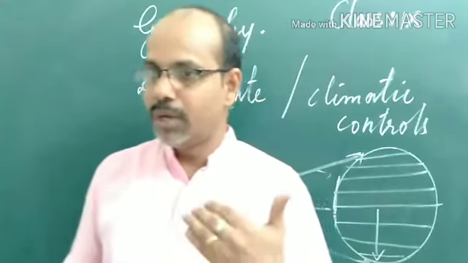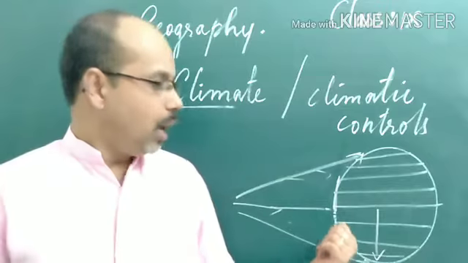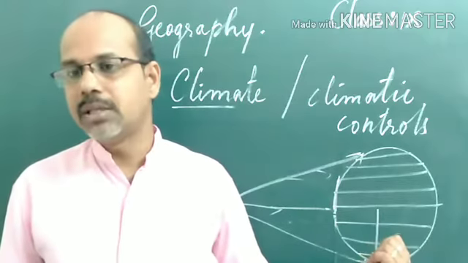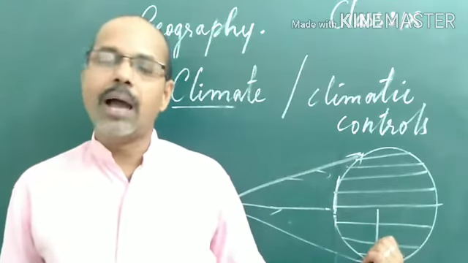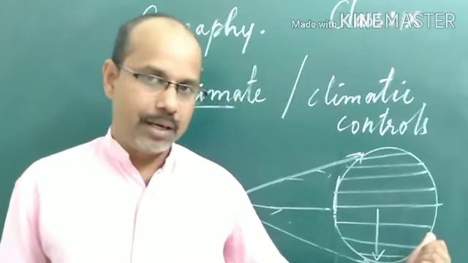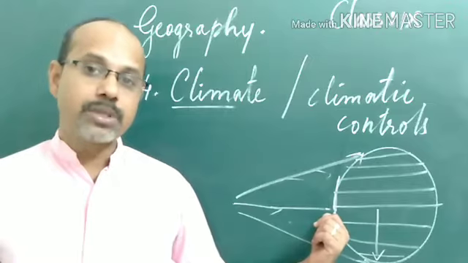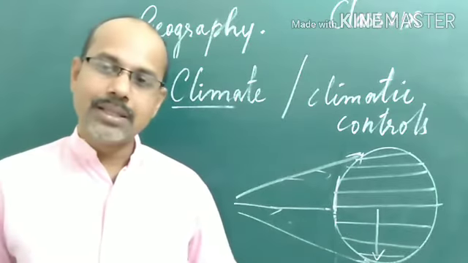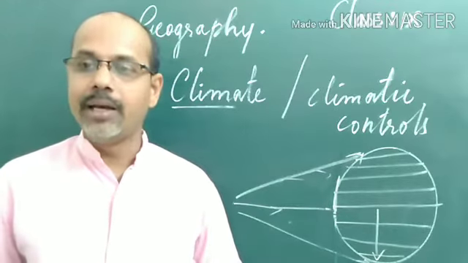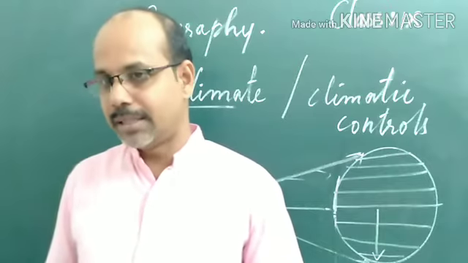That is what we mean when we say latitudinal differences affect the climatic condition of a region. The equatorial region receives more sunlight and becomes hotter. Polar regions receive less sunlight, so the temperature is lower.